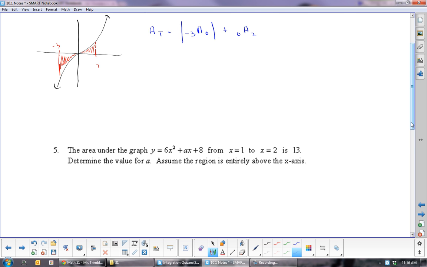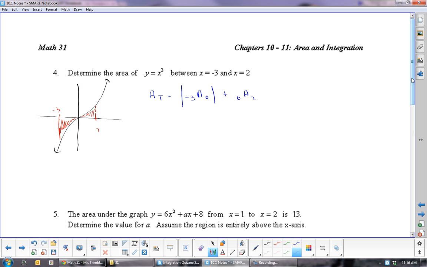Now, our antiderivative is y equals x to the 4 over 4. So area total would be the absolute value of 0 to the 4 over 4 minus, I'm going to put -3 in there, which would be minus 81 over 4.